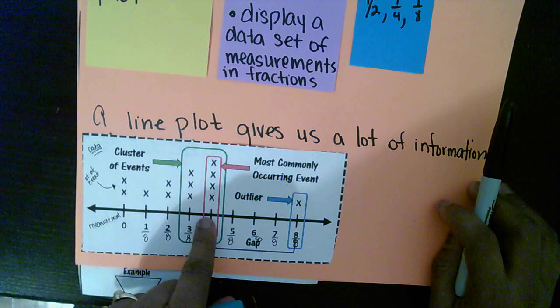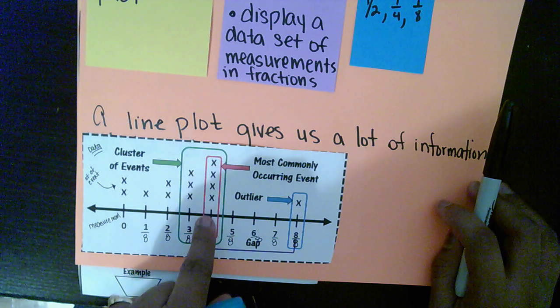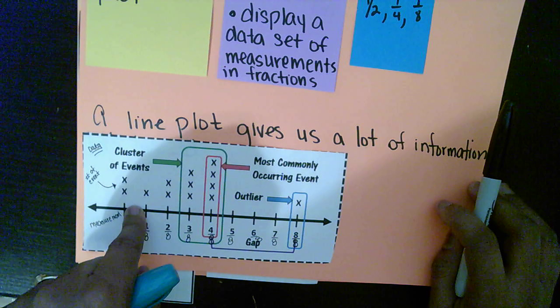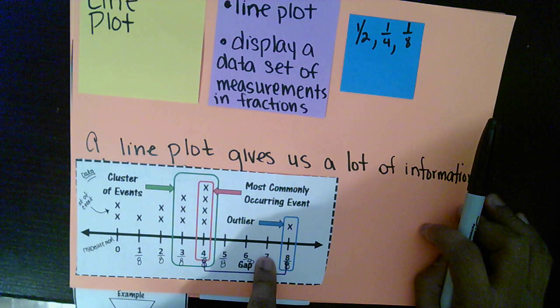We usually just plot our information on our line plot, and then we answer some questions that relate to this line plot. Line plots are usually in fractions in fifth grade, okay?